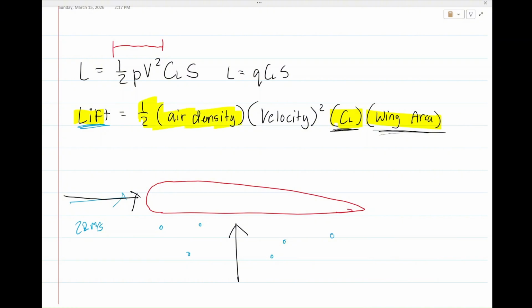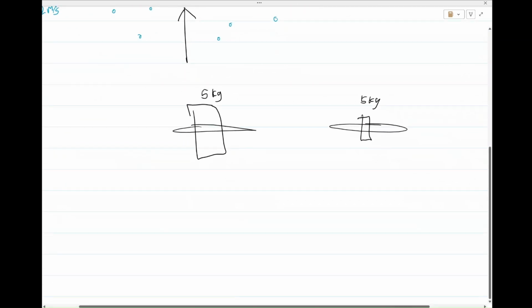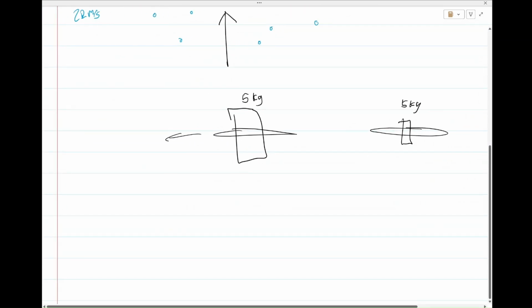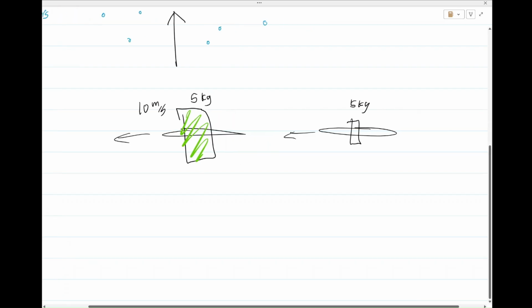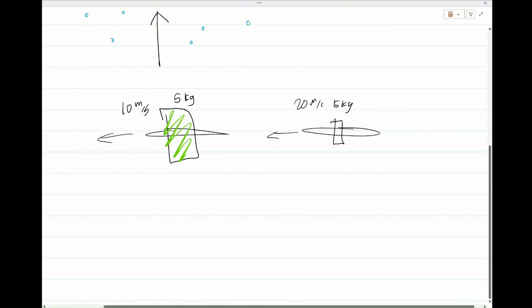Let's say the air density doesn't change. What would have to compensate? The velocity. That means as these two things go down the runway, for example, let's say we're talking about takeoff speed, this one with the larger wing area would maybe only have to go, say, 10 meters per second. This one might have to go 20 meters per second before they both generate enough lift to take off.